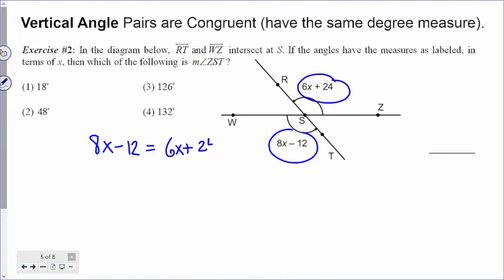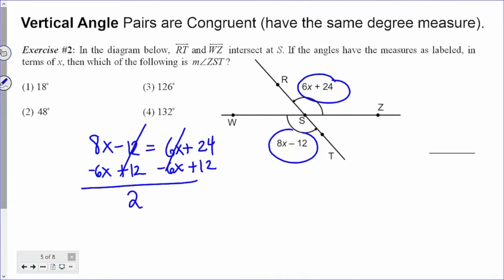This leaves us with a relatively easy equation to solve. I'll just subtract 6x from both sides and add 12 to both sides. When I do that, the 6x's and the 12's cancel out, and I'm left with 2x equal to 36. I can divide both sides by 2, and I'll get x is equal to 18.